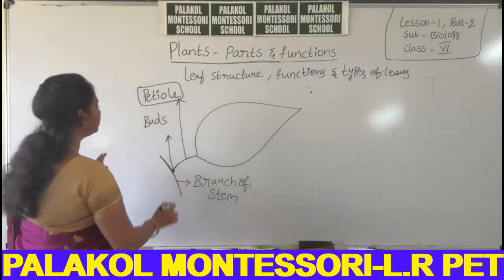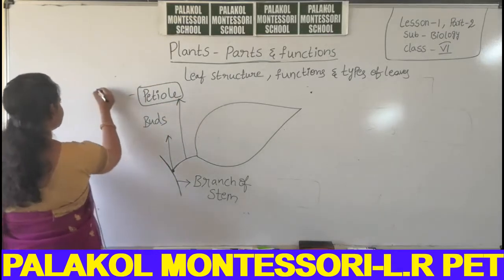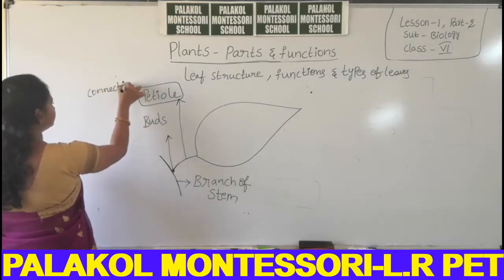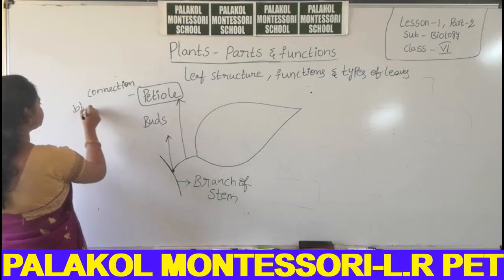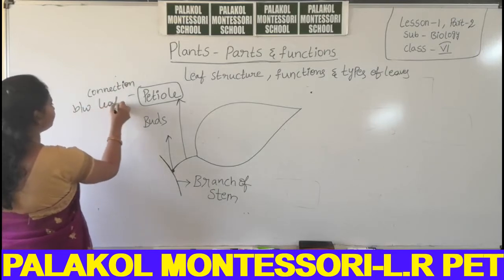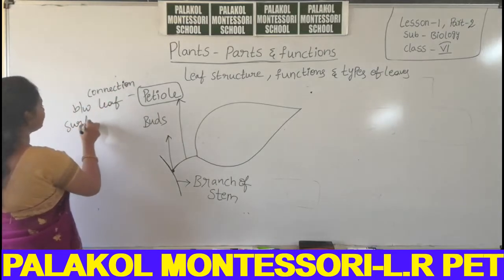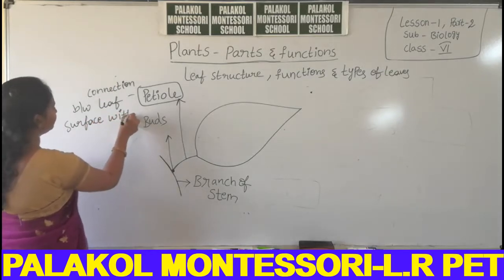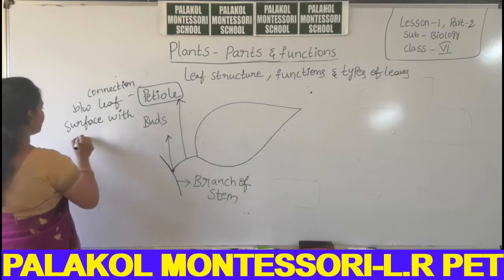That means the petiole is the connection between the leaf surface and the stem or branch of stem.